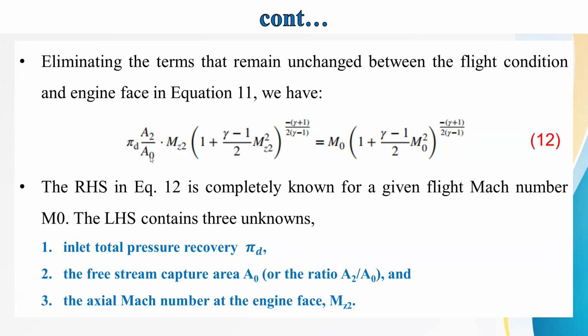Again, A naught, the free stream capture area, is not known. The total pressure recovery pi d is not known. And the actual Mach number MZ2 is not known. So 3 unknowns are there. So we have to find some method in order to determine these 3 unknowns, okay?